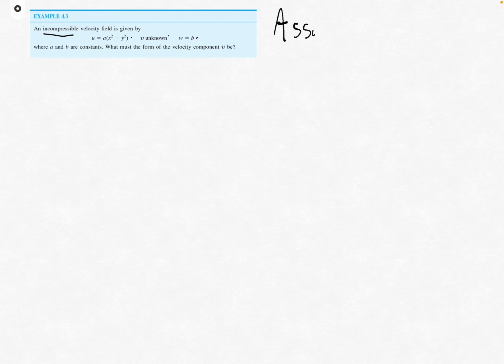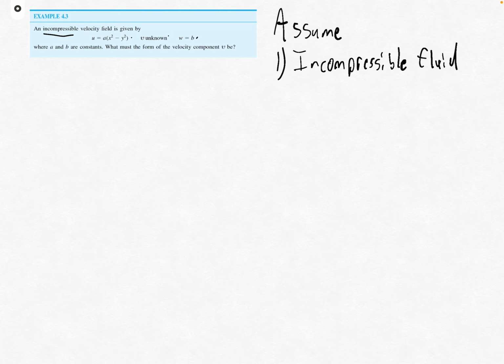So we're going to assume that we have an incompressible fluid. And in this case, this is a question about the distribution of velocities within the fluid, which is a really good hint that what we should be looking at here is the differential form of our balance equations.